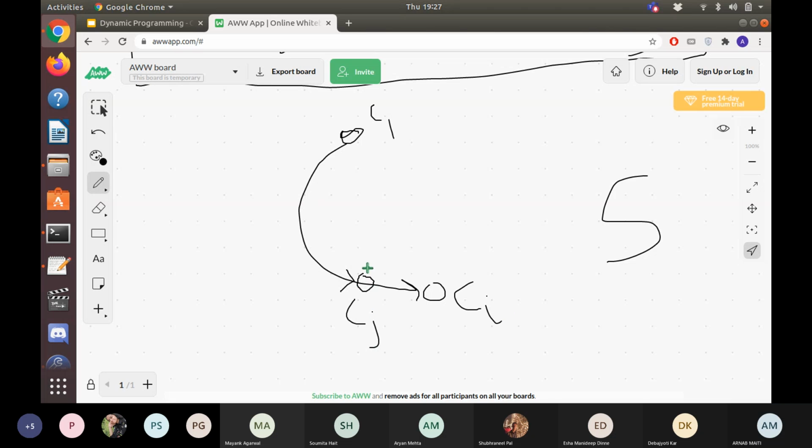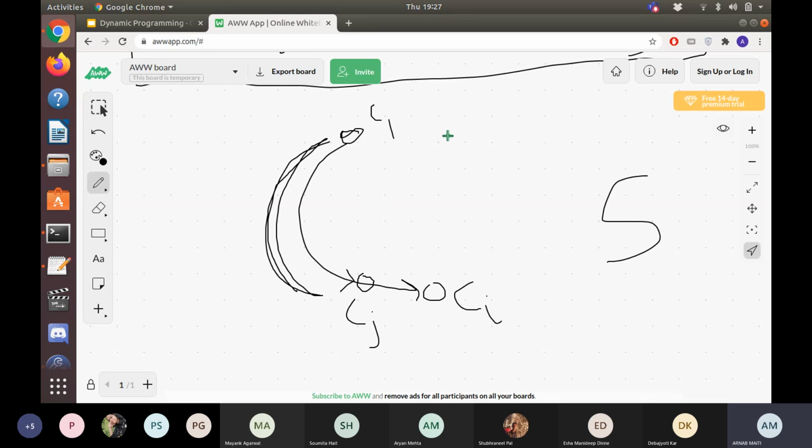One more thing to observe is that the path from C1 to Cj should be an optimal solution. If it is not optimal, we can replace it with an optimal one and get an even smaller path.